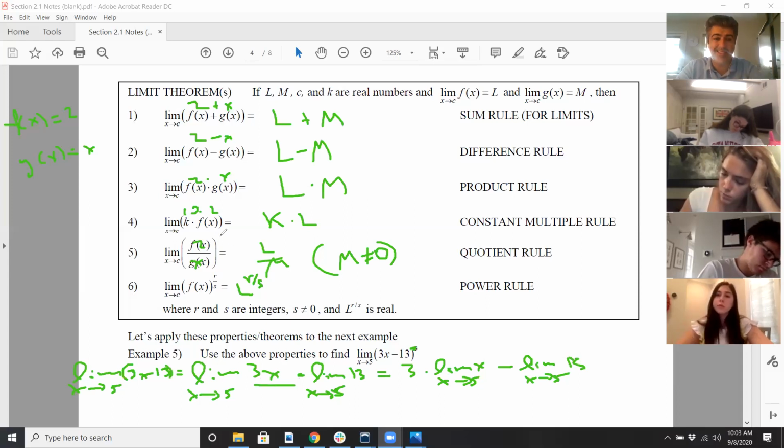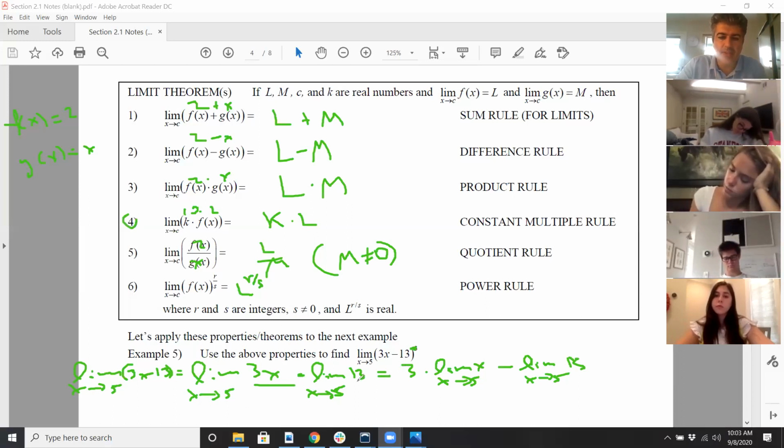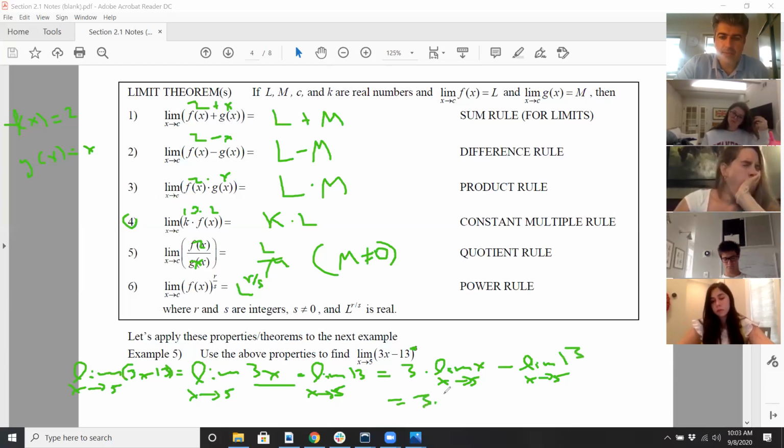The 3 is a constant, like we saw in property 4 here. I can pull that constant off to the left. So that's just going to be 3 times 5. And that's just going to be 5 straight up.